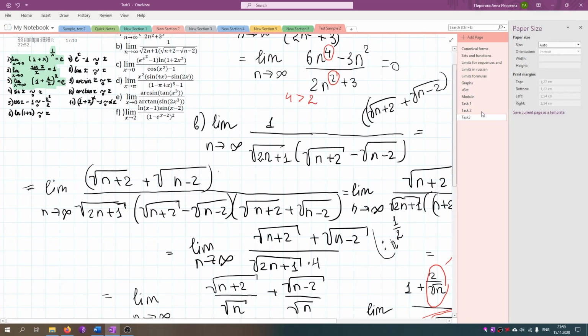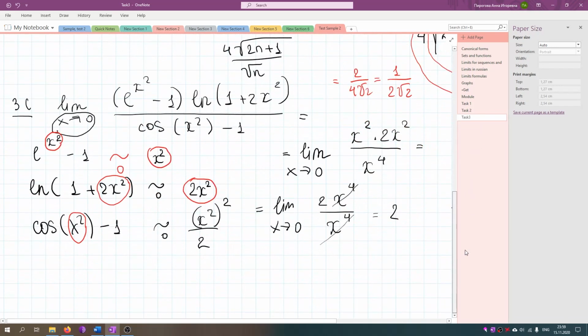Oh, sorry. Actually, I made a mistake in our formula here. The equivalent function is with minus. It's like minus x squared in the second power divided by 2.